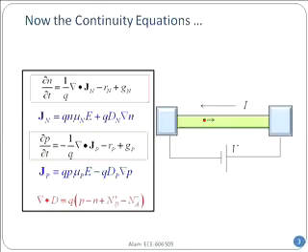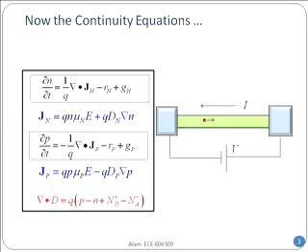Similarly, the second and the 4th equations, which combine drift and diffusion, will not be correct when you have a very small device in which there is no scattering for electrons going from one contact to the other. These equations are valid when you have a lot of scattering as you go from one contact to the other. So in many recent results in the literature, you will see modifications to the expressions for the currents Jn and Jp when the scattering is not as strong, and the diffusion-Einstein relation may not be valid within the device.